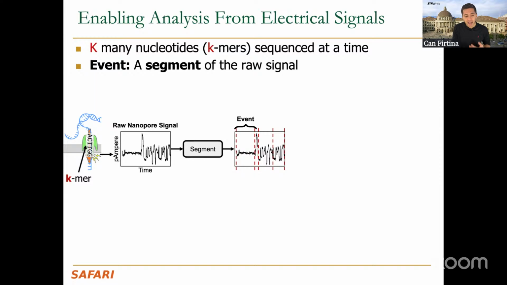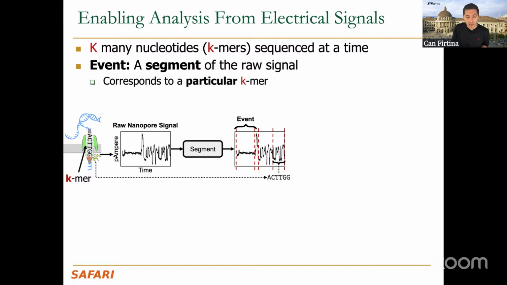And then as we shift bases, there will be an abrupt change in the signal. Essentially, the signal that we generate while we are sequencing a certain k-mer is known as an event. So it corresponds to a segment of the raw signal that is generated while we are sequencing that k-mer. So this is the definition of what an event is.